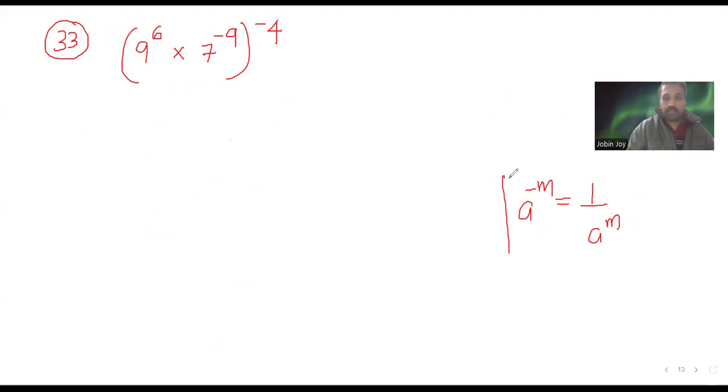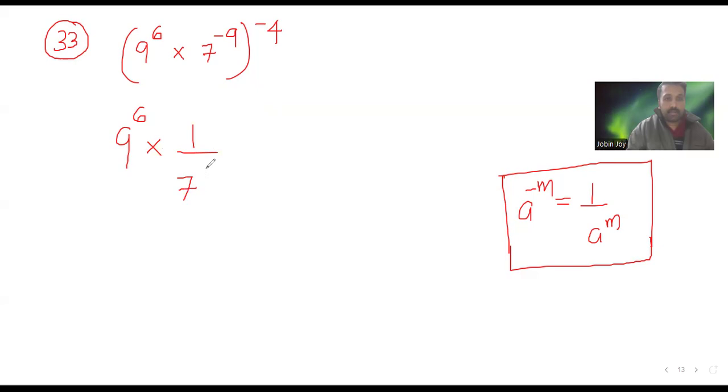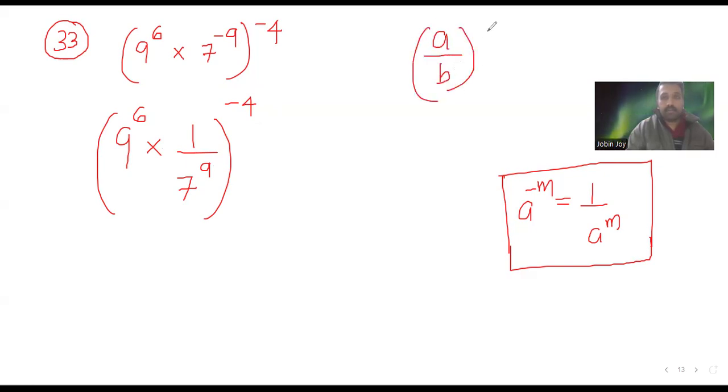So the first term is 9 raised to 6 into 1 by 7 raised to 9, the whole raised to minus 4. Then I will apply the next law: a by b, the whole raised to minus m equals b by a, the whole raised to m.